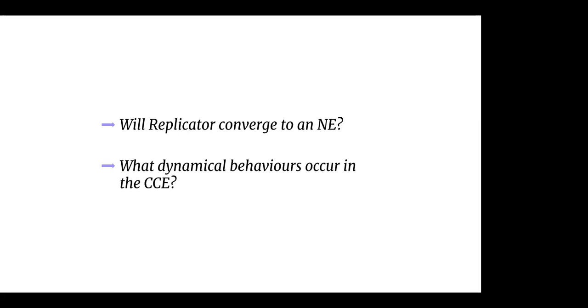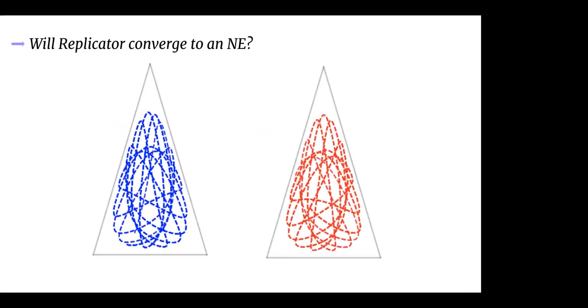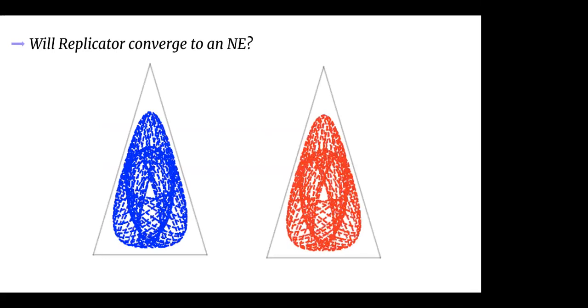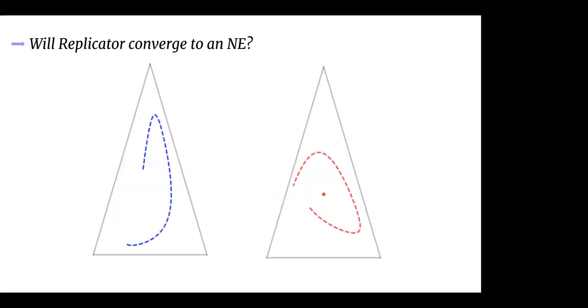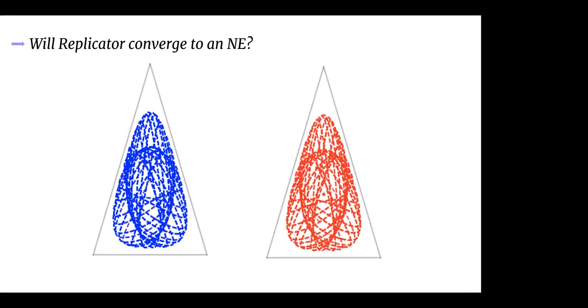So let's have a look at the first one. Will replicator converge to the Nash equilibrium? And we're going to revisit the rock, paper, scissors game that we were just looking at. Will replicator reach this uniform distribution that we looked at earlier? Well, if we apply it, we can see that the answer is a pretty resounding no, because the Nash equilibrium sits nicely in the center of these toroidal structures that end up forming.